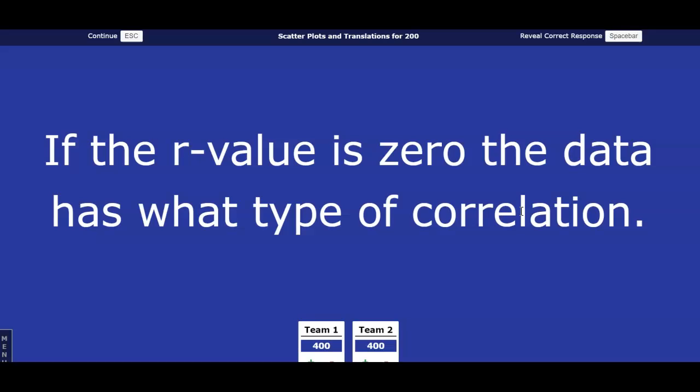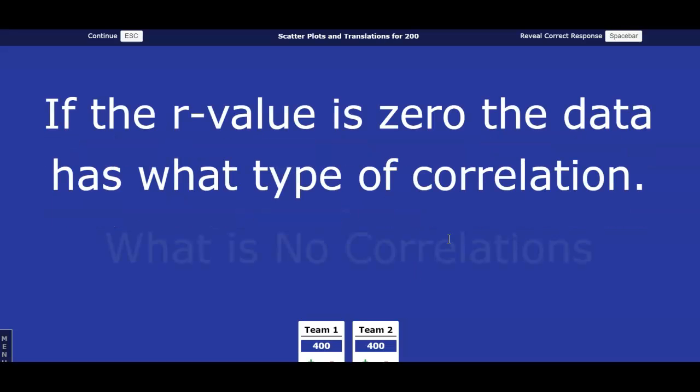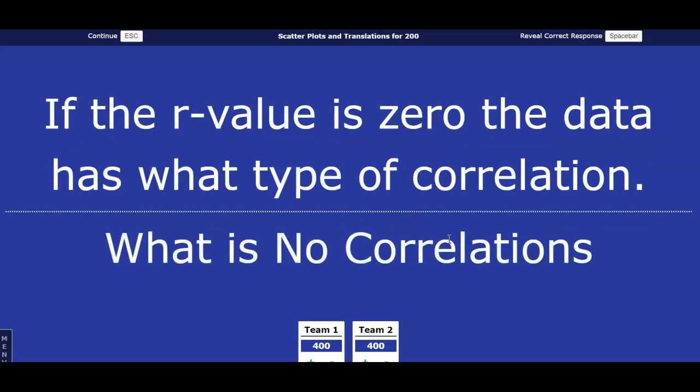Exactly. I want words like strong, weak, positive, negative. So your neutral's not bad, but what I was looking for is none. There's no correlation. A scatter plot whose R value is 0 has none.